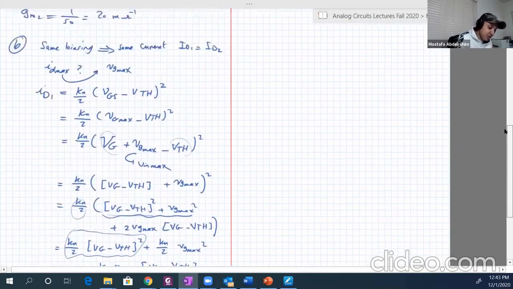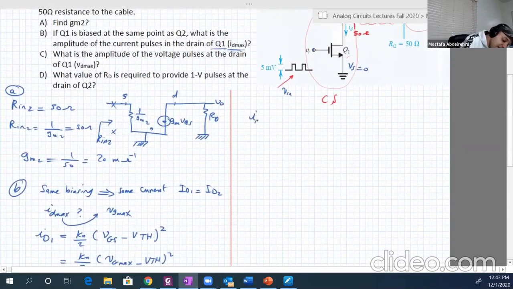So id max is actually equal to the AC portion, which is Gm vg max. Gm is known, 20 millimho, where mho is ohm to the minus 1, multiplied by vg max. And what is vg max? If we look here, it's 5 millivolts.